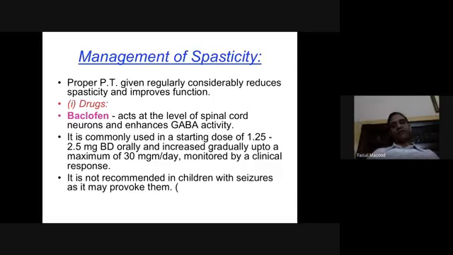So giving them baclofen, which is a GABA activity modulator, you give an inhibitory role or a shut up call to the lower motor neurons which are firing continuously. It can be given 1.25 to 2.5 milligram BD orally and is increased up to 30 milligram per day.